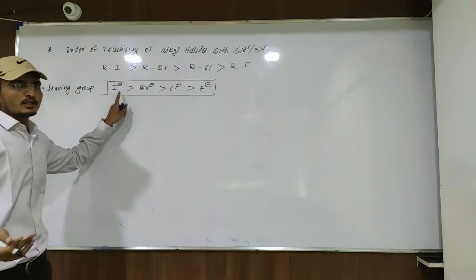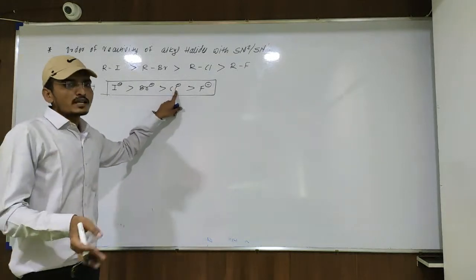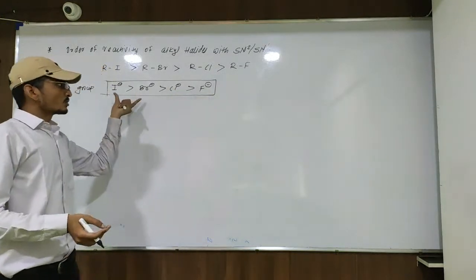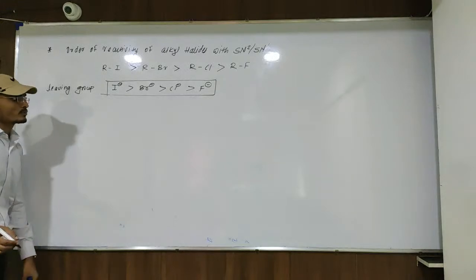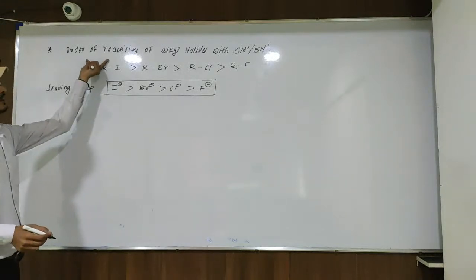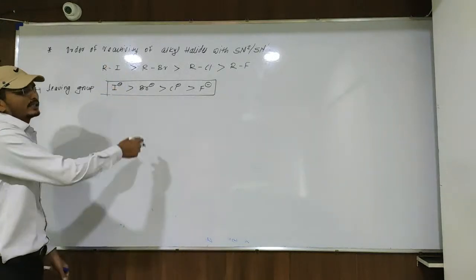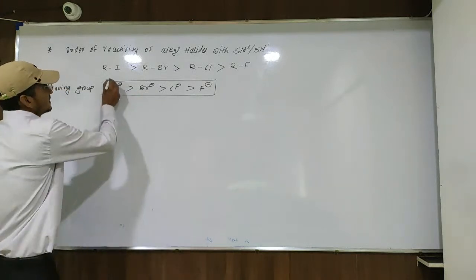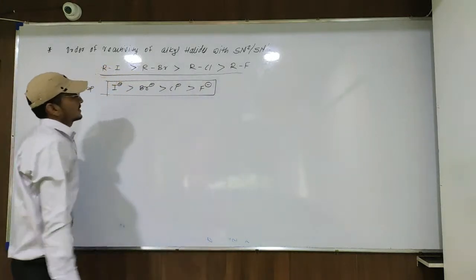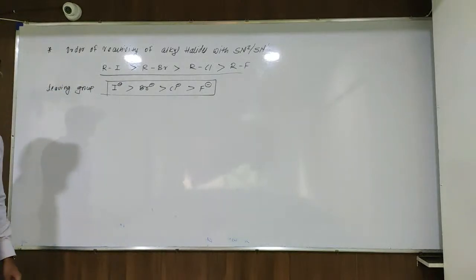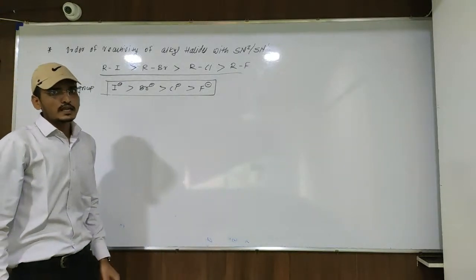I minus leaves first, then Br minus, then Cl minus, and then F minus. These are the order of the leaving groups. So according to that, the order of reactivity of alkyl halides with SN2 and SN1 is: alkyl iodide reacts faster than alkyl bromide, then alkyl chloride.